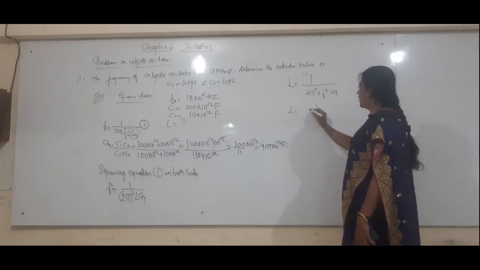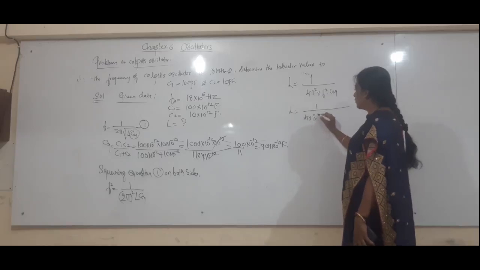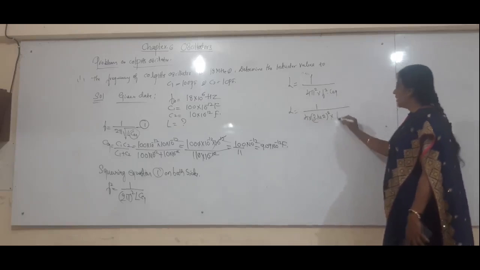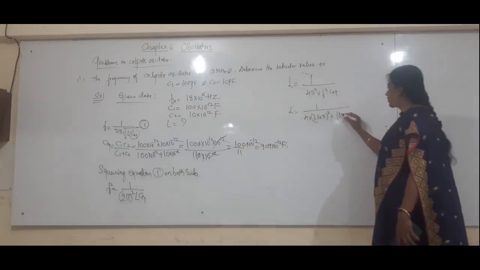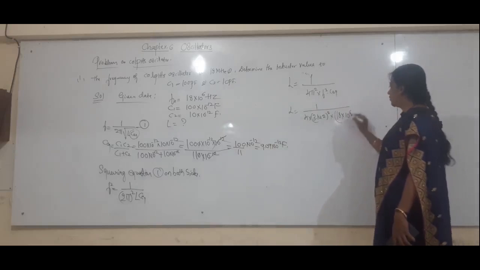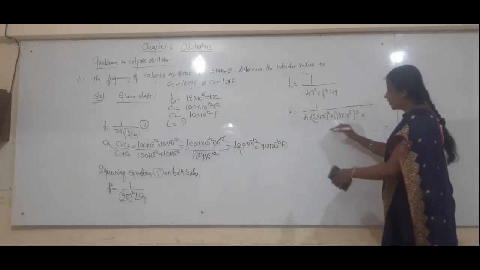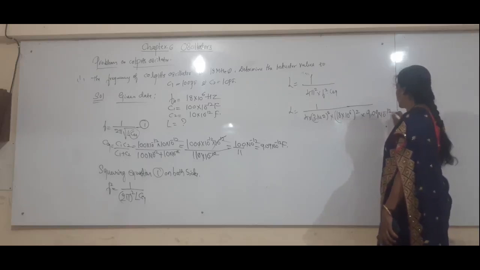Substitute here. L is equal to 1 divided by 4 into pi square, means what, 3.142 whole square into f square, f is given as 18 megahertz whole square, into CEQ. So now we have calculated 9.09 into 10 raised to minus 12.